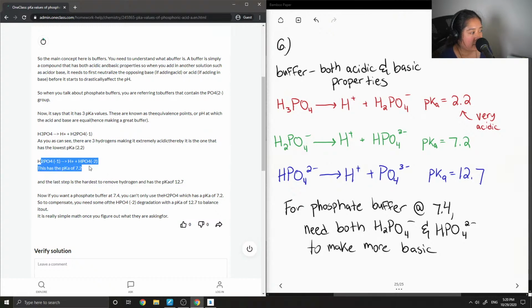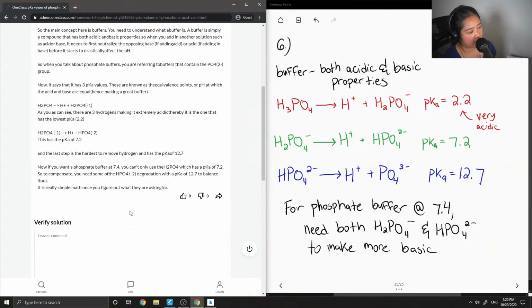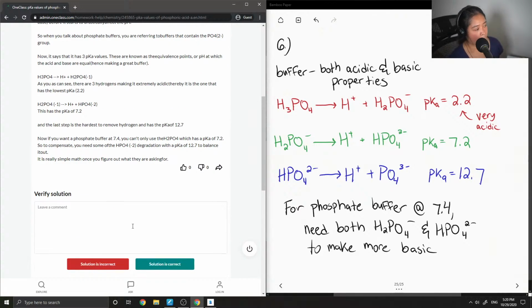And then they have the reaction that gives a pKa of 7.2. And then the last step is the hardest to remove, the hydrogen. It has a pKa of 12.7. If you want a phosphate buffer at 7.4, you can't only use H2PO4, which has a pKa of 7.2. So to compensate, you need some of the HPO4 2 minus with a pKa of 12.7 to balance it out. This solution is correct.